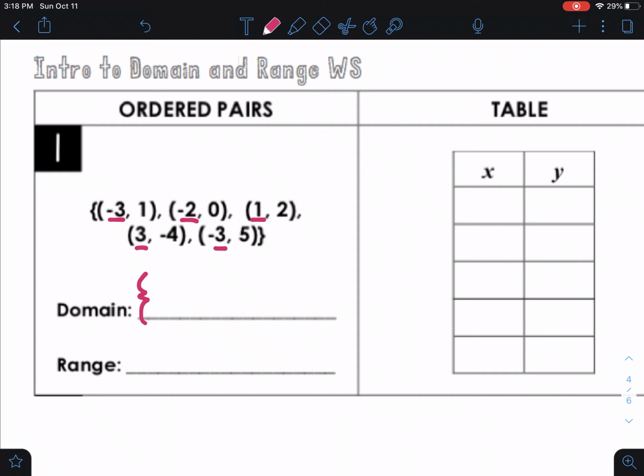But then I got a -3. So I've got -3, comma, -2, 1, 3, and now another -3. So I'm not going to write that one. So there we go. Okay, so that's your domain. Fill yours out on your assignment as well, just like that.